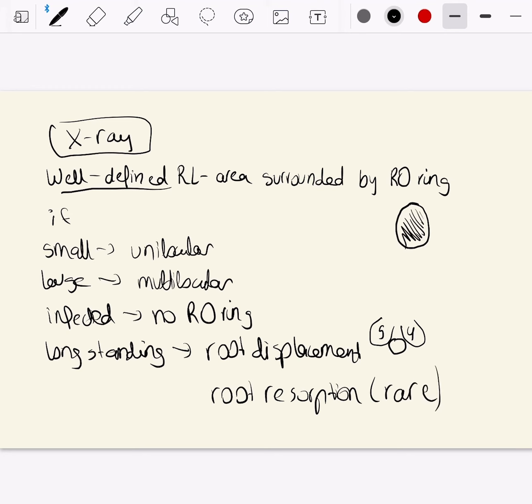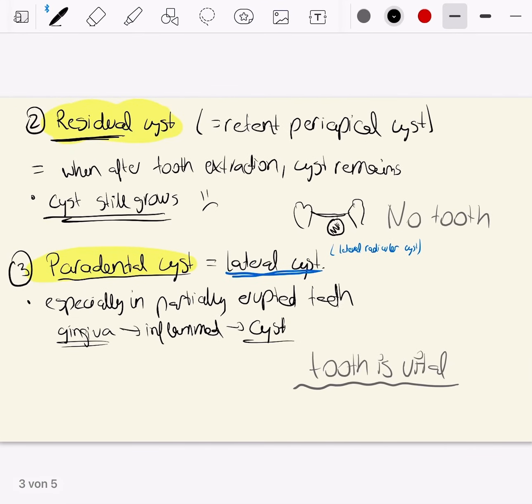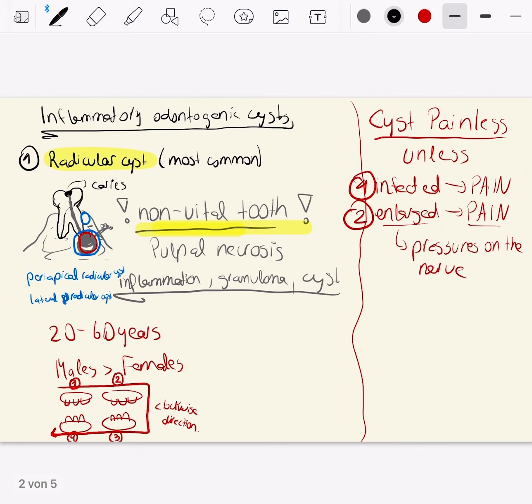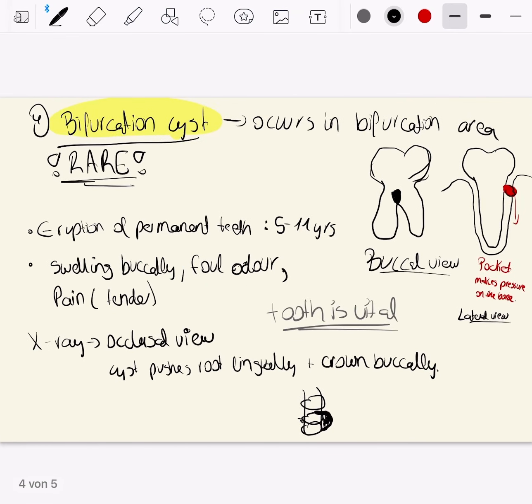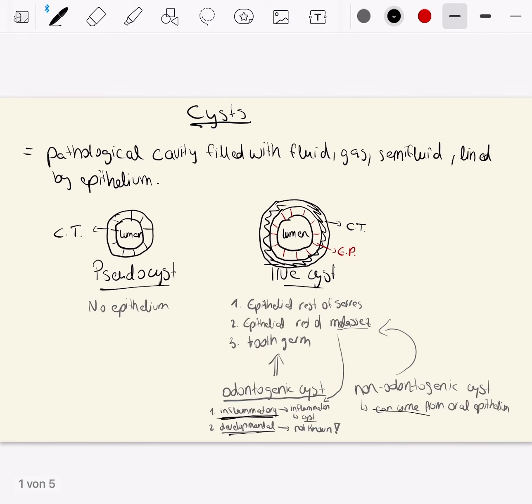Rare conditions. So these are the characteristics of any cyst. You have to know, these are the basic rules and basic points of any cyst. So today we have talked about these 4 types: radicular cyst, residual, paradental, and bifurcation cyst. These are actually very easy to see on an X-ray.